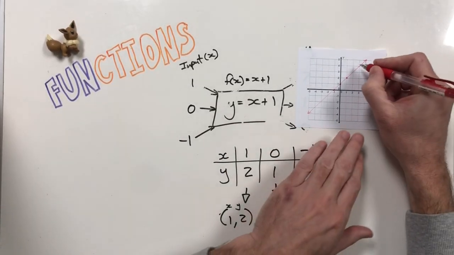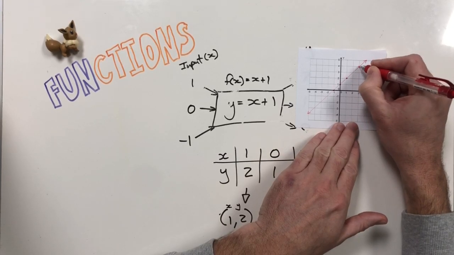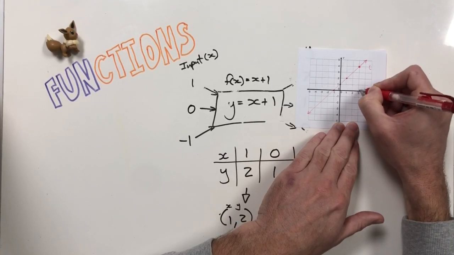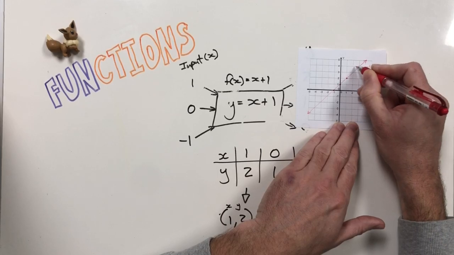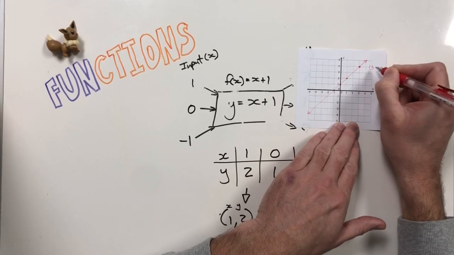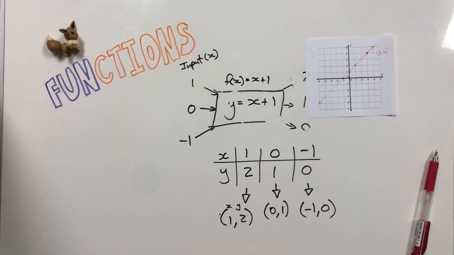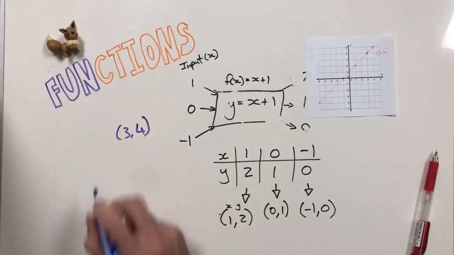So let's say I took that coordinate over there, and I wrote down the coordinates: the x value here is 3, and the y value there is 4. So let's say 3, 4.